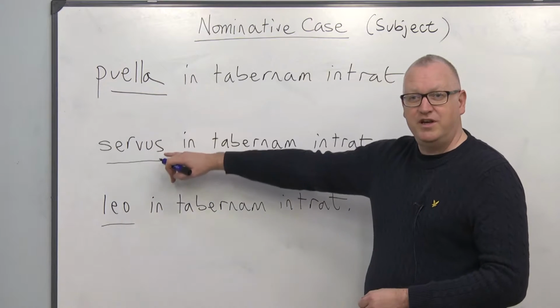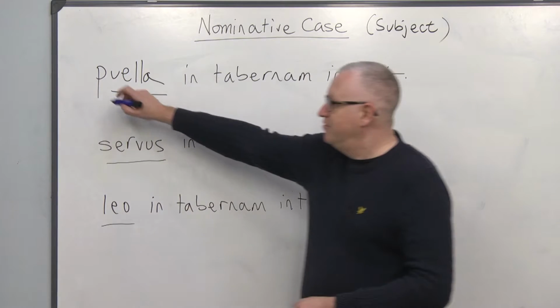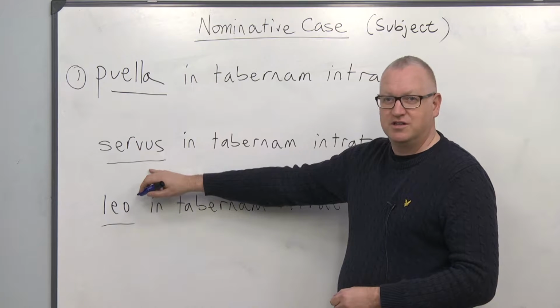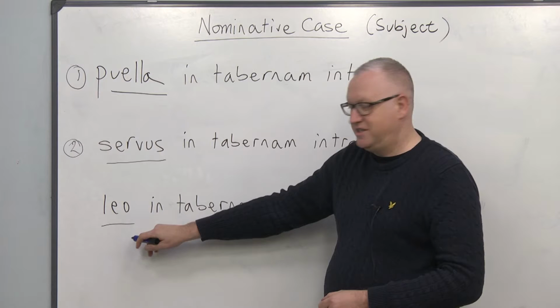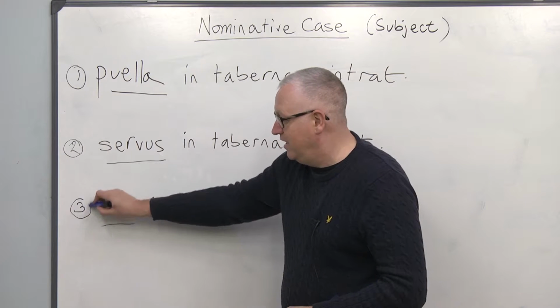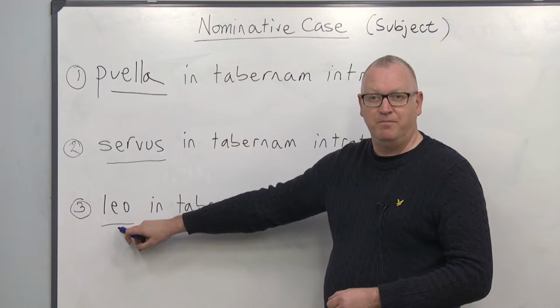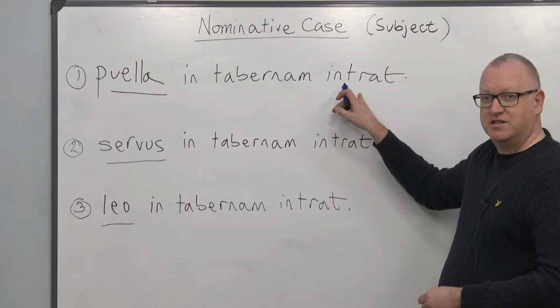We call them the three different declensions. All the words ending in A are the first declension. All the words ending in us are the second declension, and everything else is in the third declension. This one happens to end in the letter O, but they can exist in other endings as well. So, the girl goes into the shop.